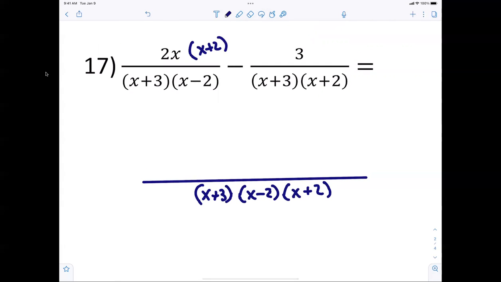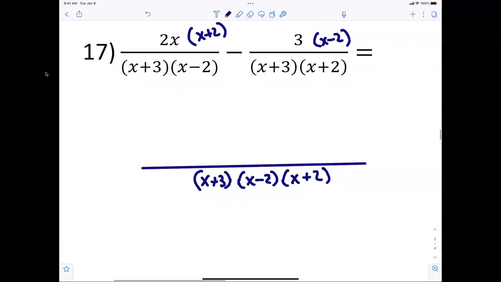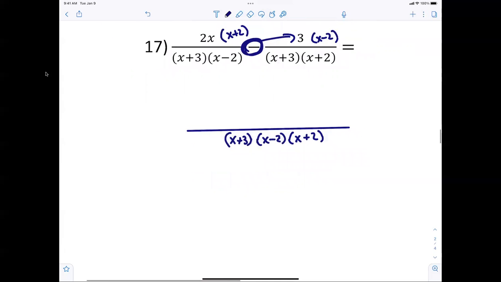What about the fraction on the right? Do I agree with that? Now, don't forget, you're distributing a what here? -3 is what you're distributing. All right, so I'm just going to go ahead and write it. 2x parentheses x plus 2 minus 3 parentheses x minus 2.